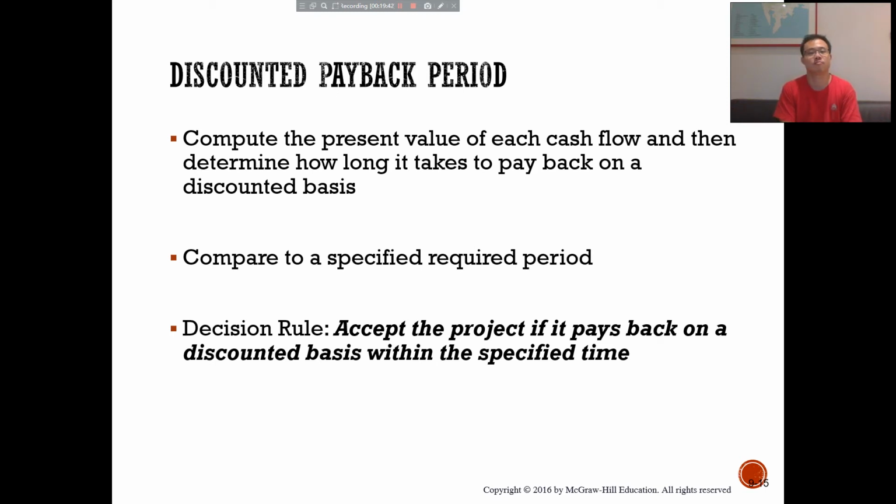And it compares to a specific required period, which is a preset limit. The decision rule is similar. You accept the project if it pays back on a discounted basis within the specified time, okay, like 2 years.